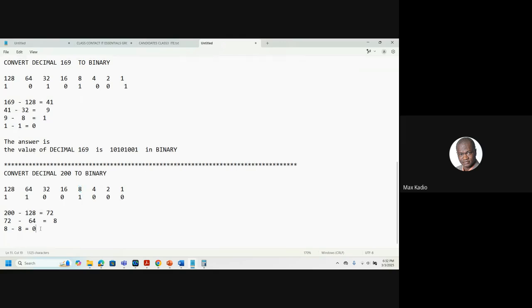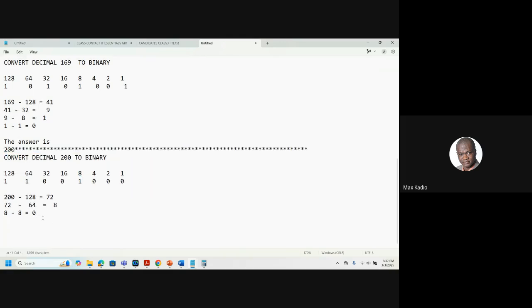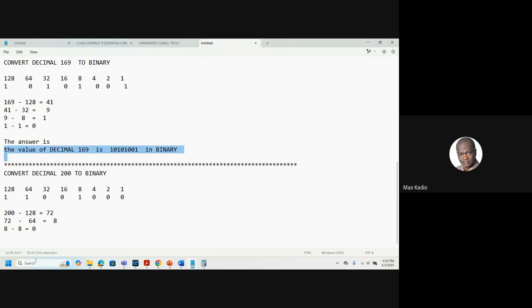Then you write down the value of decimal 200.